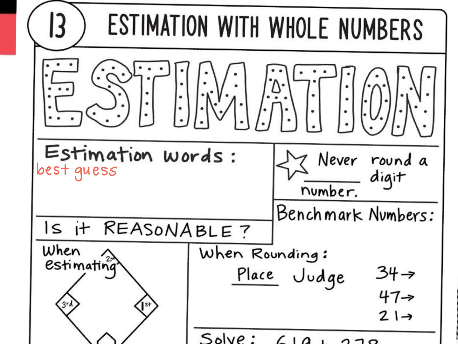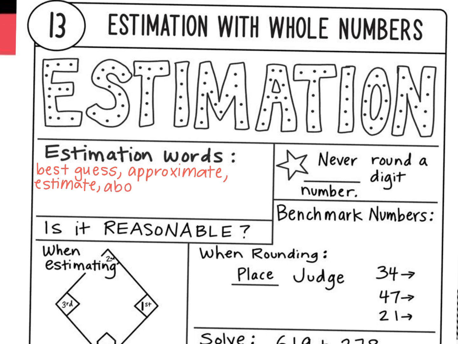These are key words that you might see that tell us to estimate. So words or phrases. The phrase best guess means that we're estimating. Approximate. If we see the word estimate, that's a giveaway. It's telling us to estimate.